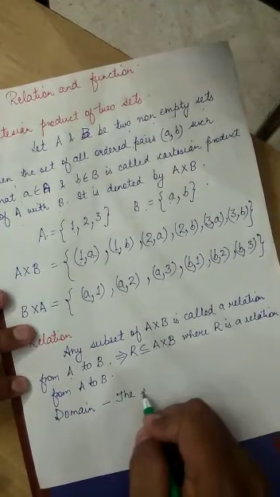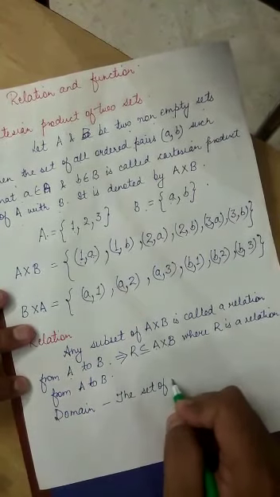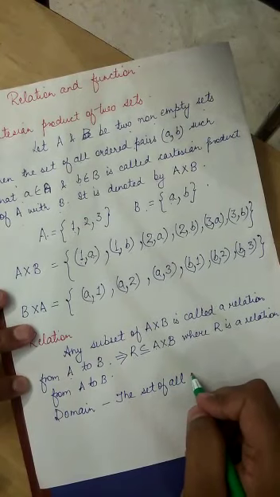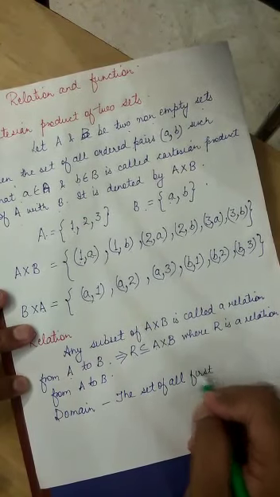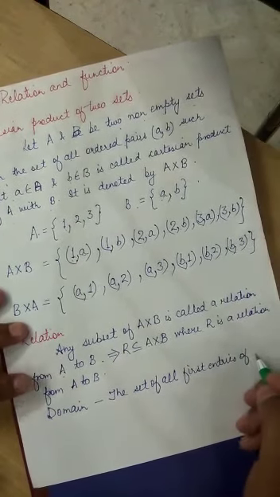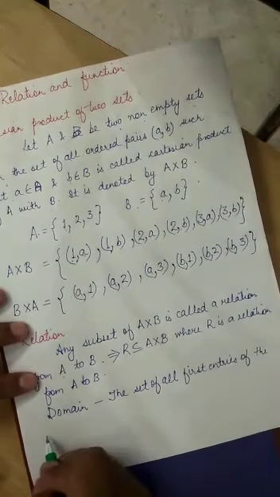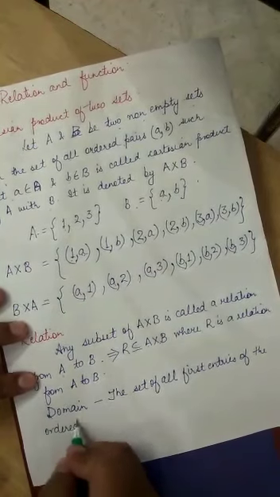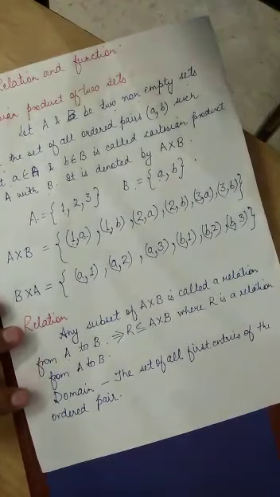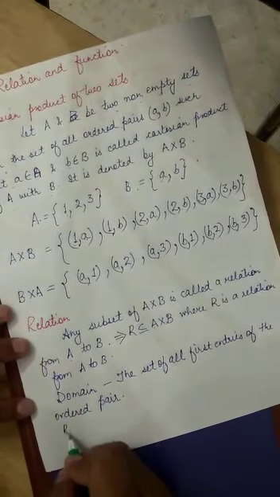Domain is the set of all first entries of the ordered pairs.